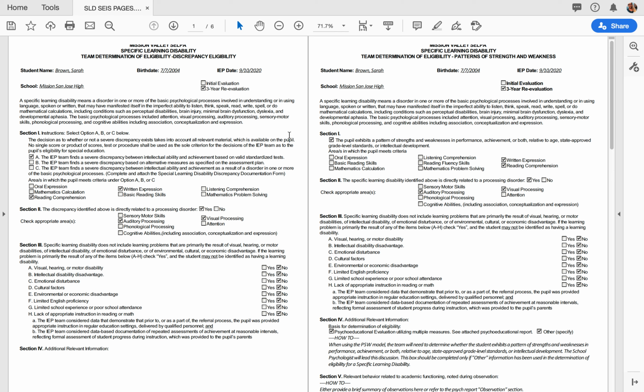The only variation between the discrepancy versus the PSW is actually found in section 1, so right around here, okay? However, the end result of section 1 is the same. So even though there's a part in here that looks different on the discrepancy versus the PSW, the outcome of each of those sections is essentially the same.